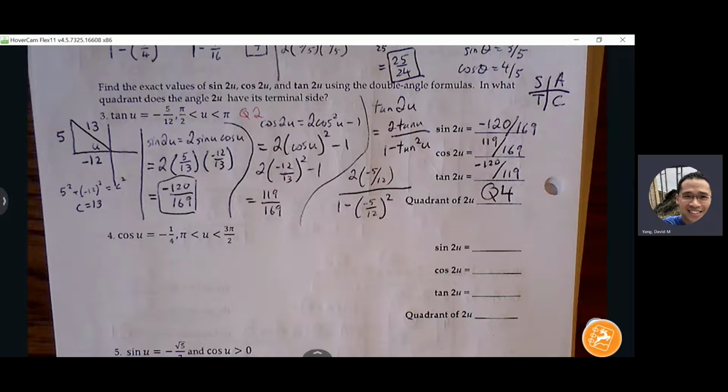And as a reminder, every triangle that you draw, no matter which quadrant it's in, make sure that the x-axis is always a side that is part of the triangle.